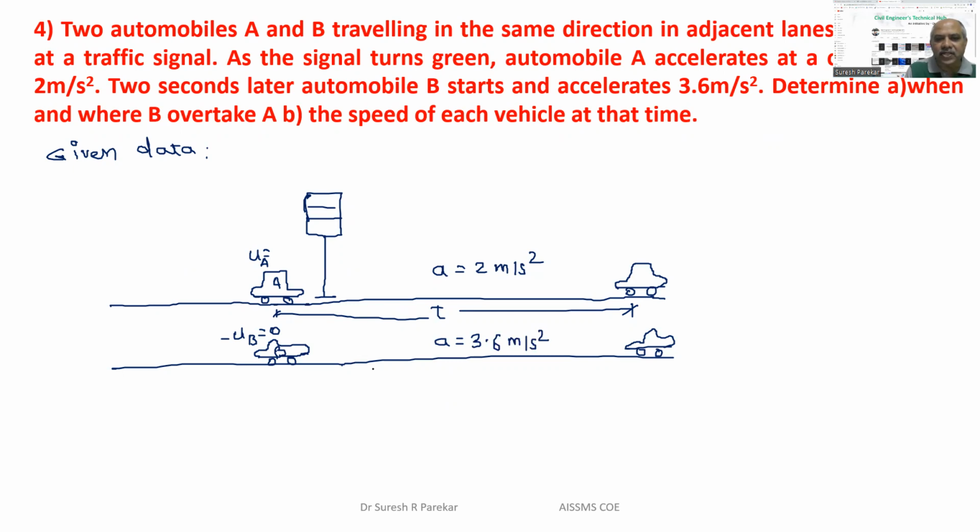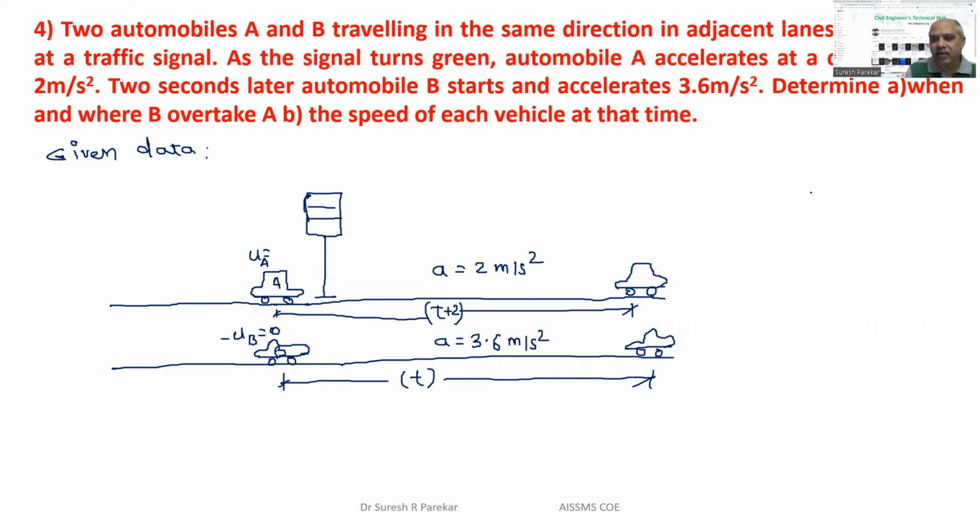Now B starts later, so if distance traveled by B is at T, then distance traveled by A is at T plus 2. Now you have a choice: you can consider A as T and B as T minus 2, because it is mentioned that automobile B starts 2 seconds later.